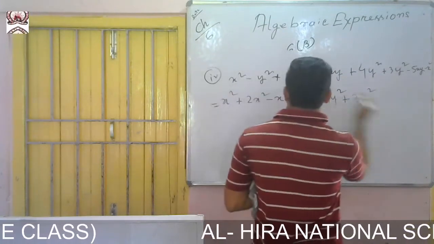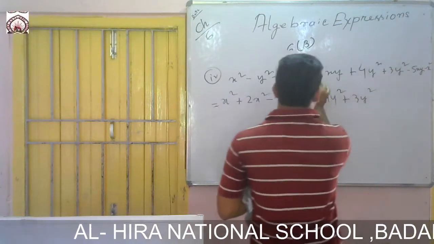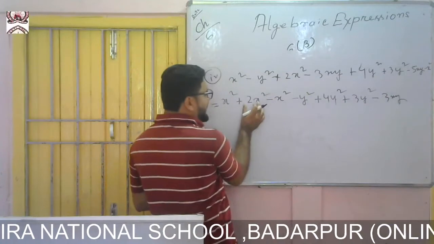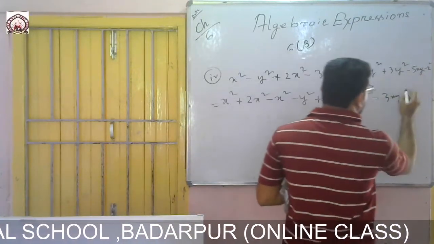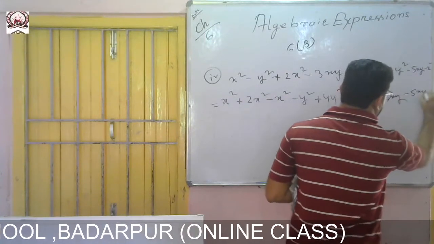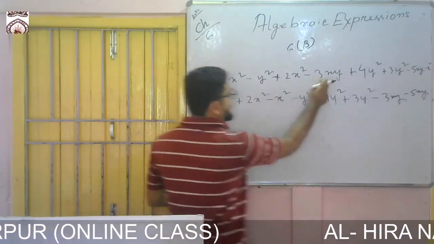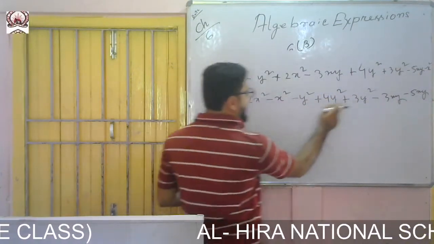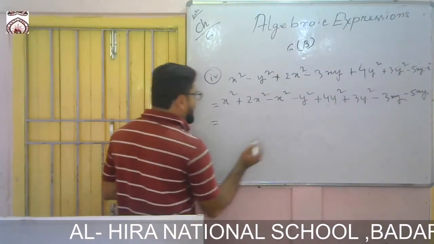No. Then you write 3xy, because 2x square I have already taken, so minus 3xy, then with xy only this one, 5xy. Okay, now you check all the terms, 1 2 3 4 5 6 7 8. So I have written all the terms. Now add or subtract.